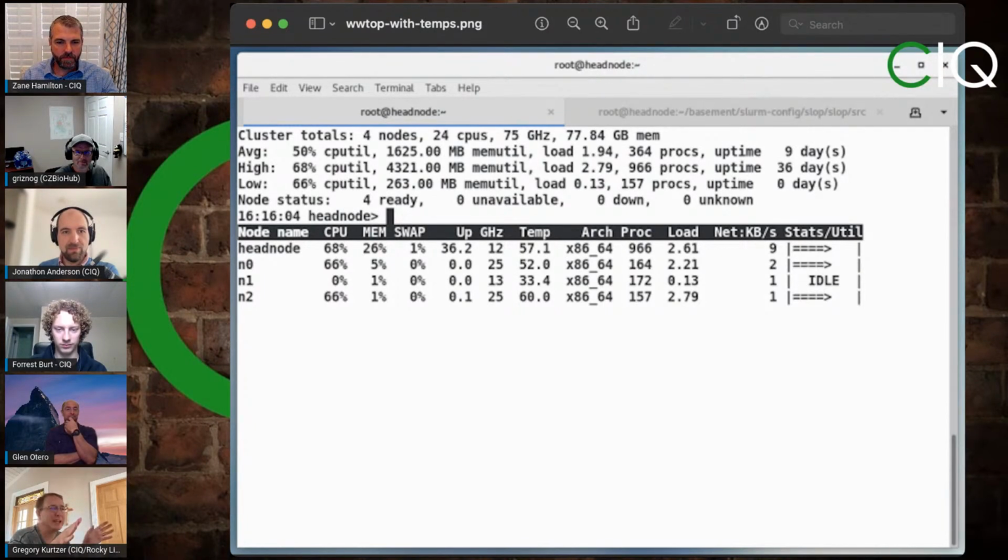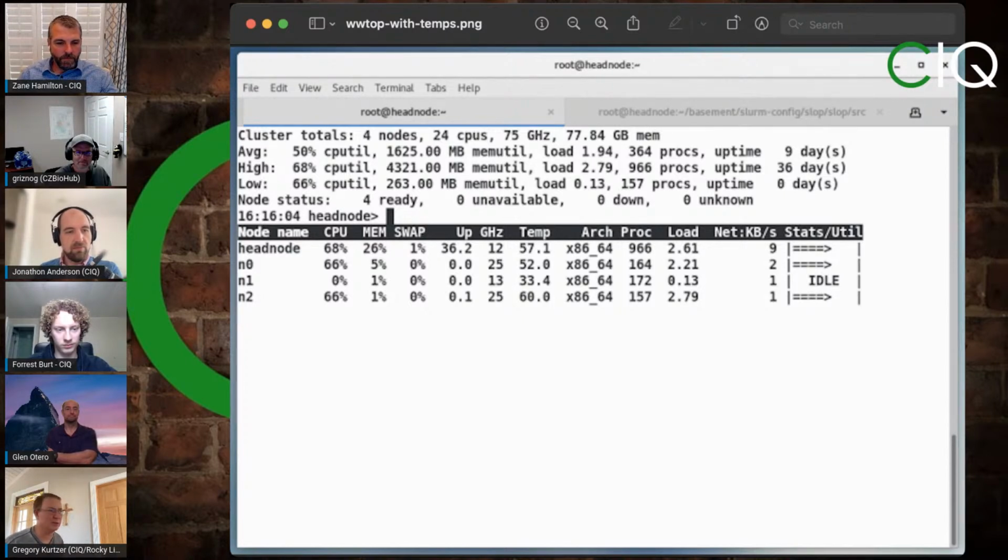This actually had a daemon process that sat on every compute node, and every second would query the local resources of that system: how many CPUs you have, architecture, but also your current memory utilization, temperature, how many processes are running, and so forth. This gave a really good real-time analysis.